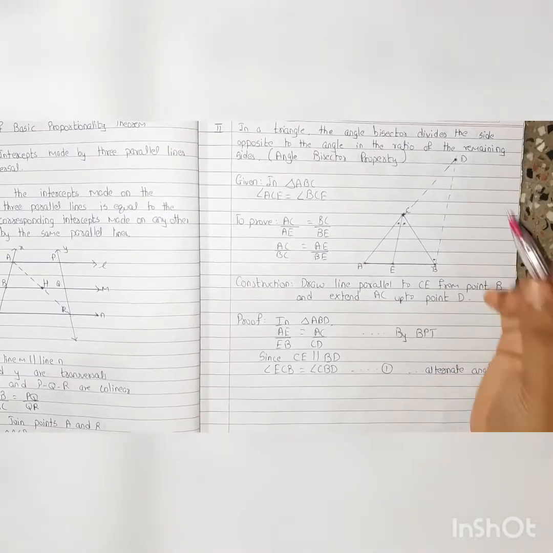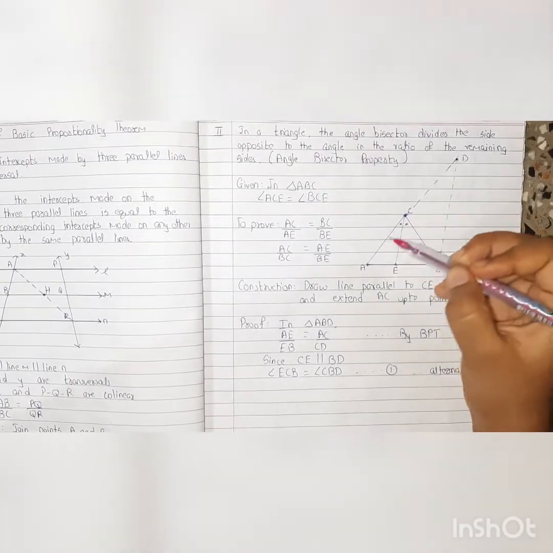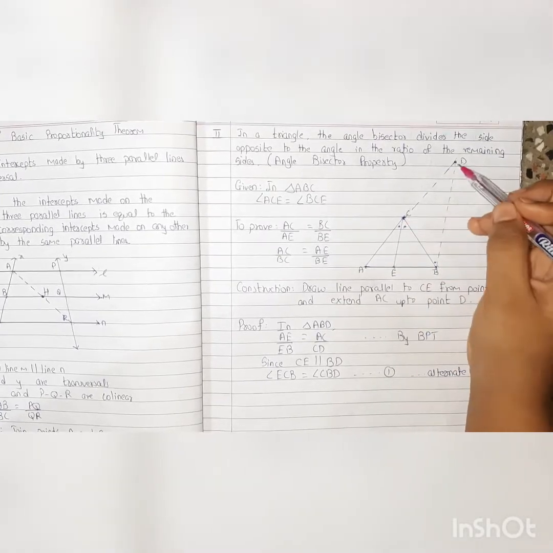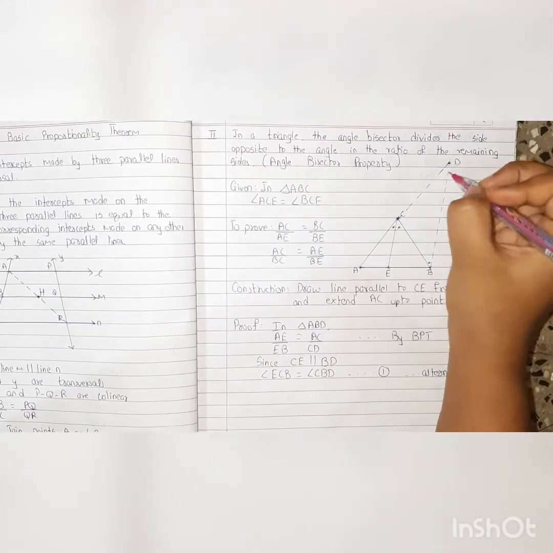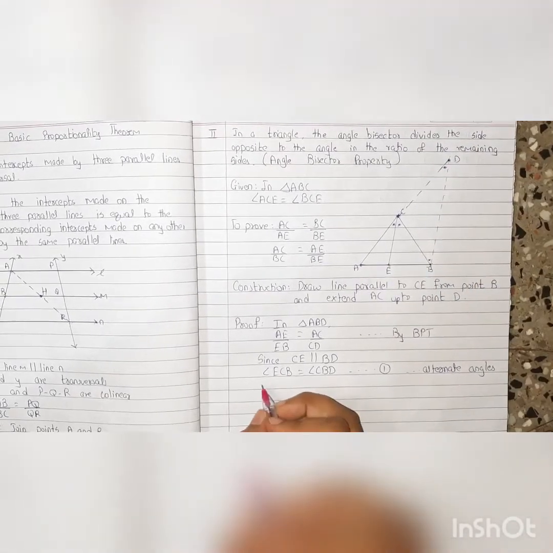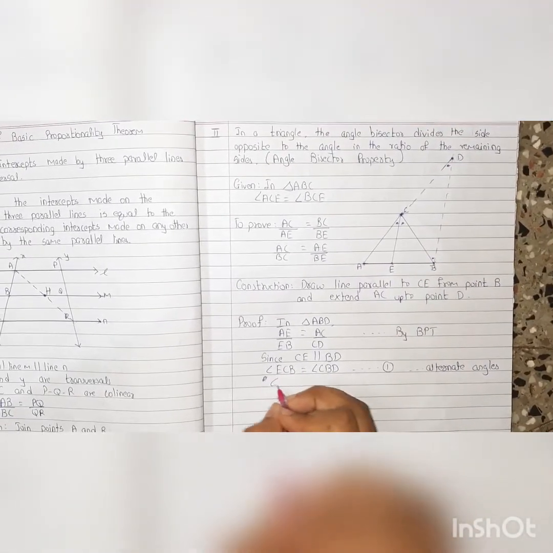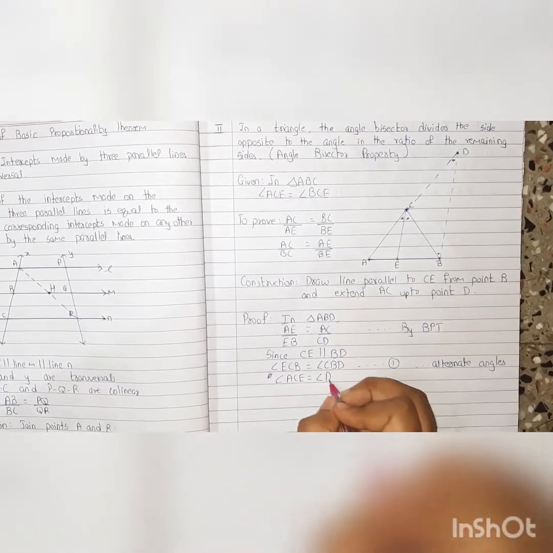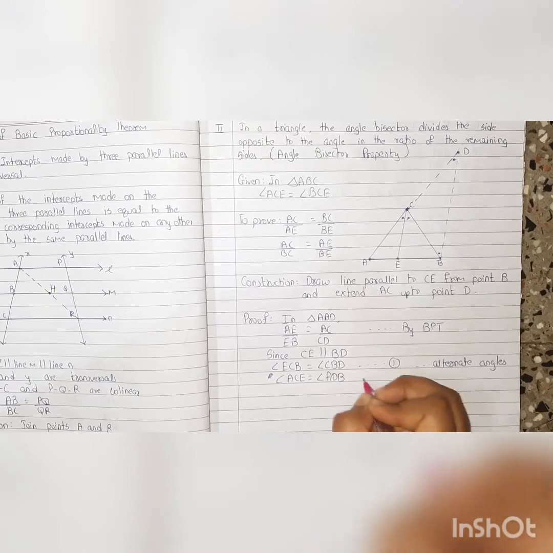Now again we can see that taking AD or AC as the transversal, this angle and this angle become equal because these both are corresponding angles. Again we will write down angle ACE is equal to angle ADB.